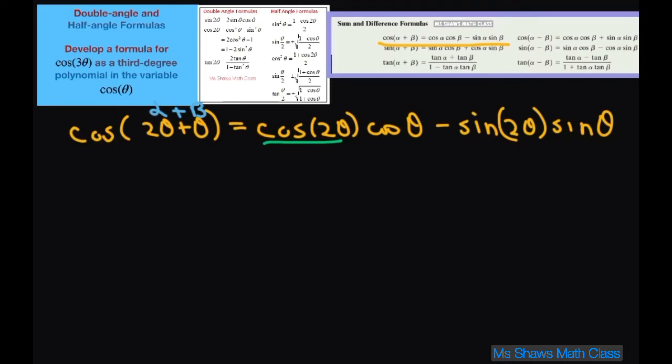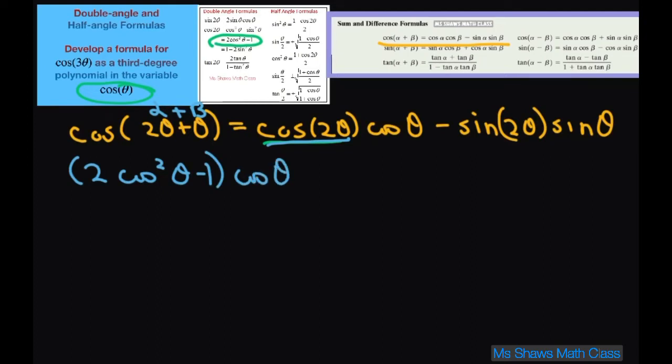We want to use cosine, so the only one that has just cosine is this one. So I'm going to substitute this with that. So we're going to have 2 cosine squared of theta minus 1 times cosine of theta minus, I'm going to go ahead and expand this.